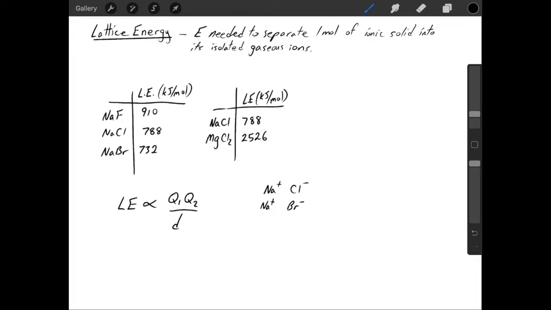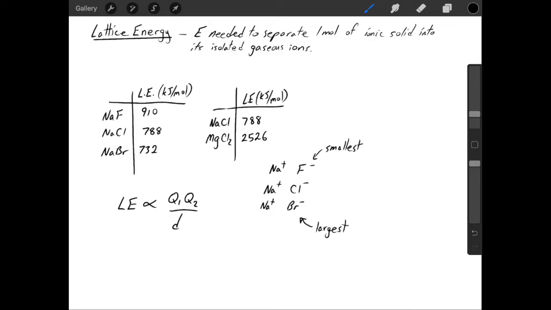The sodium ion is constant in size, but the sizes of the halogen ions will change. Because bromide is the largest, the distance between the center of the bromide ion and the sodium ion is going to be larger than the distance between the chloride and sodium or fluoride and sodium ions.